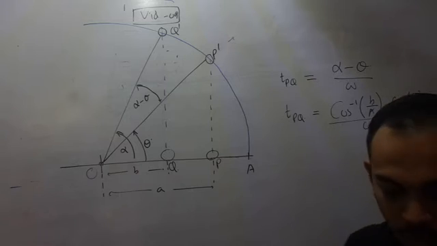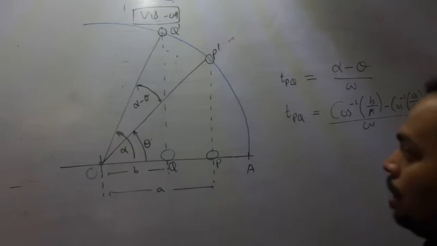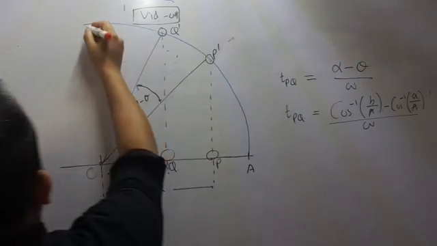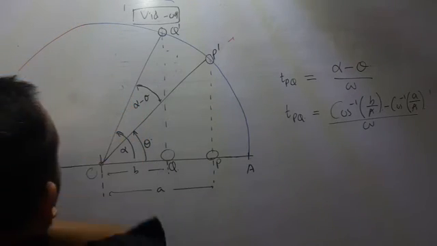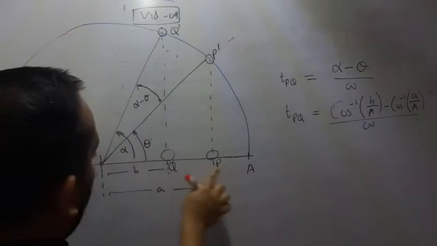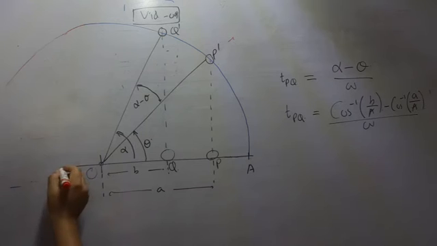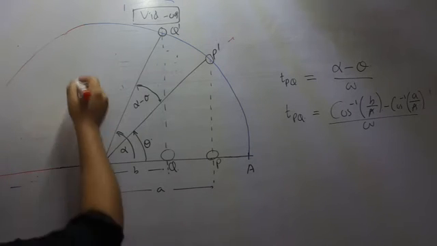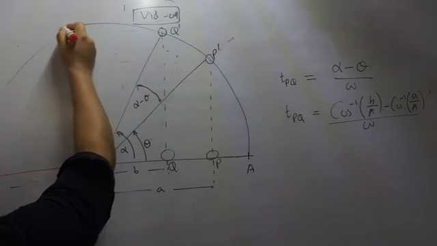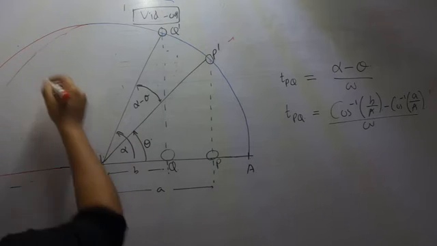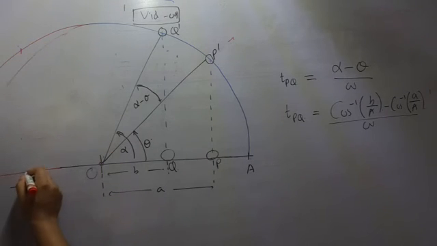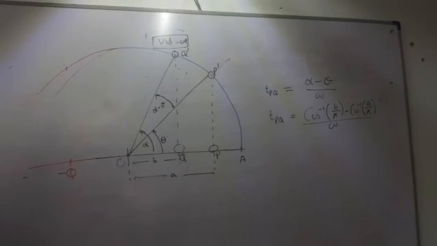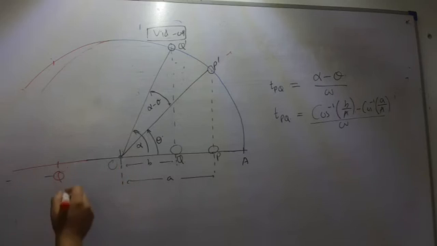Now suppose you want to get the time for the particle to move from P to somewhere on this side of the line. So suppose we have to extend the circle. Suppose this is Q, the point Q. Right.